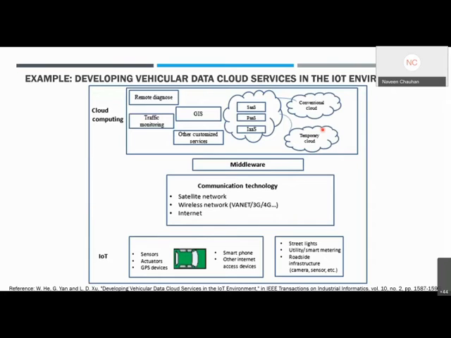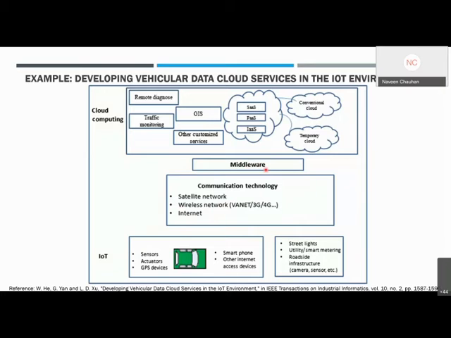This is the part of the IoT, where we have sensors, actuators, GPS devices, smartphones, other internet access devices, and all other things which are part of the IoT basically. And the communication technologies we are making use of are satellite network, wireless network, or internet.